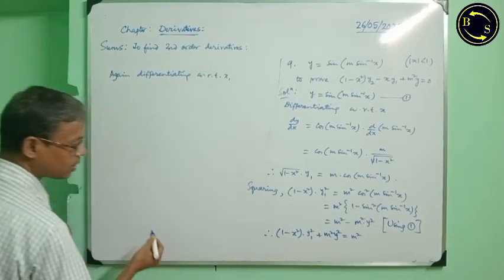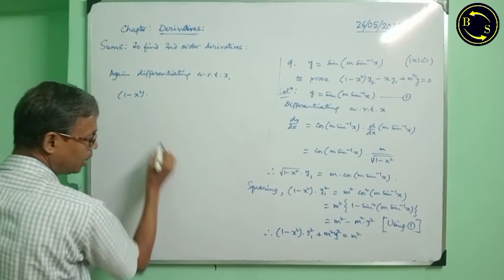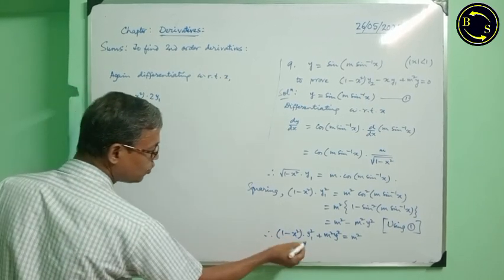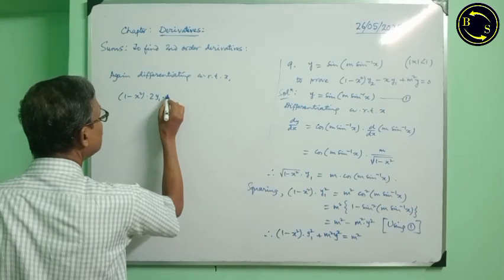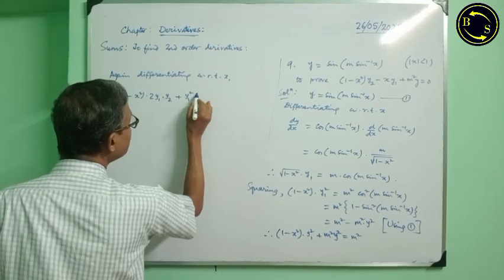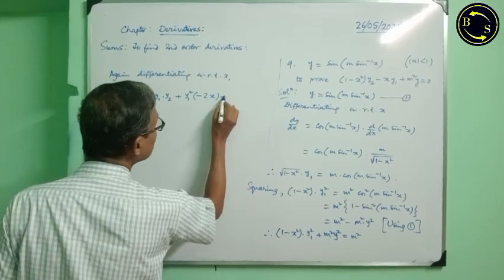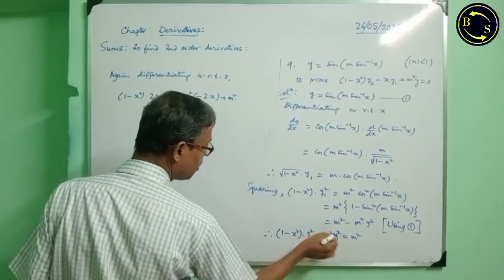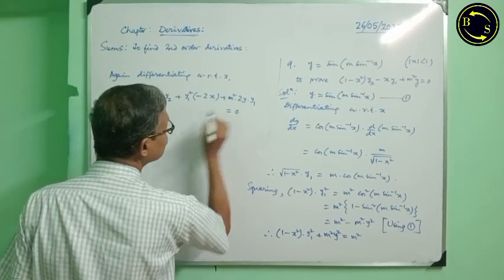Now this part first: u into v form, 1 minus x square into the derivative of y1 square, that will be 2 y1 into y2, plus y1 square into the derivative of 1 minus x square, that is minus 2x, plus the derivative of m square y square: m square is constant, into the derivative of y square, 2y into y1, that is equal to 0.